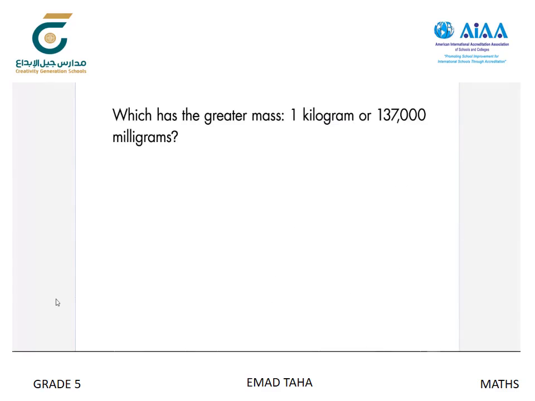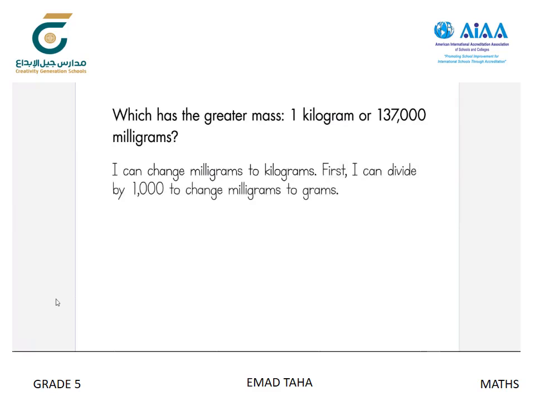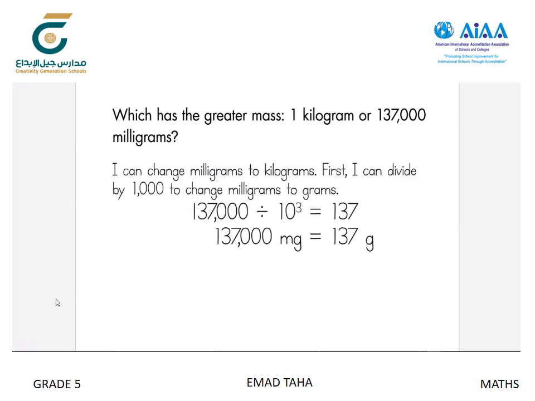Listen and look for other students who convert smaller units to larger units in order to compare 1 kilogram to the number of kilograms equivalent to 137,000 milligrams. First, they divide by 1,000, or 10 cubed, to change 137,000 milligrams to 137 grams.